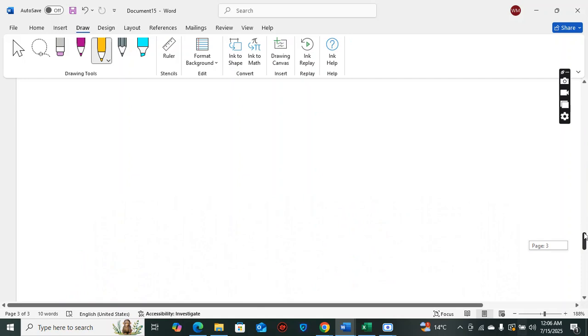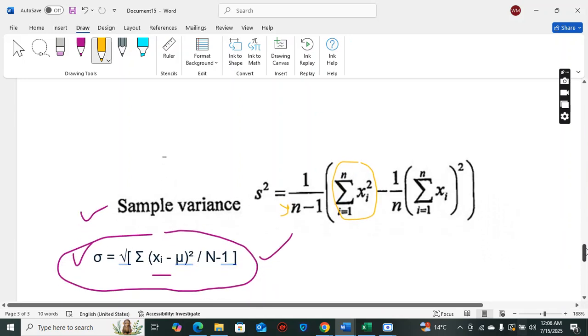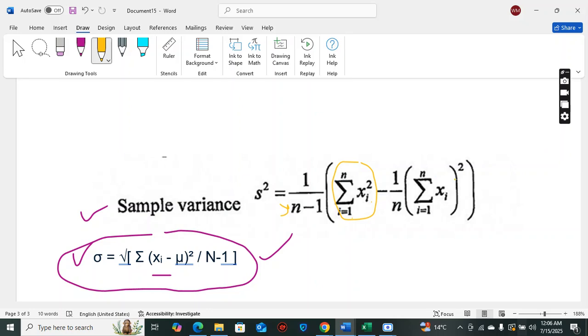I just means the individual numbers. Those individual numbers are represented by x.